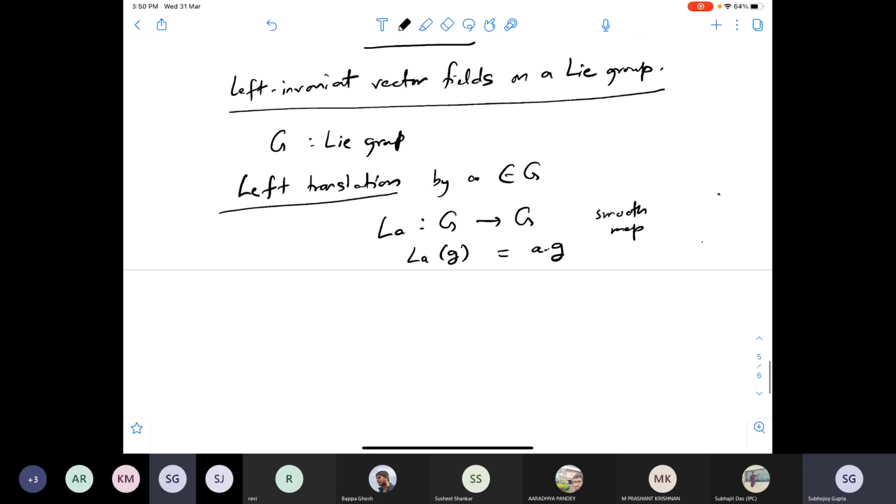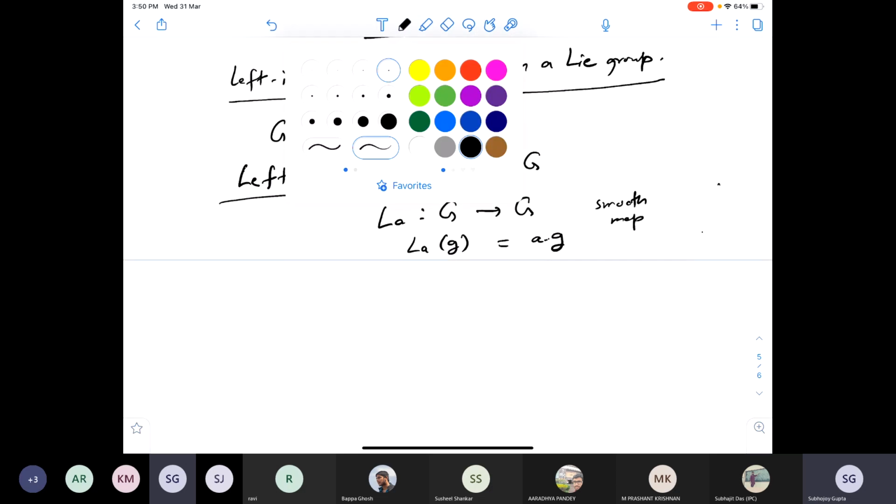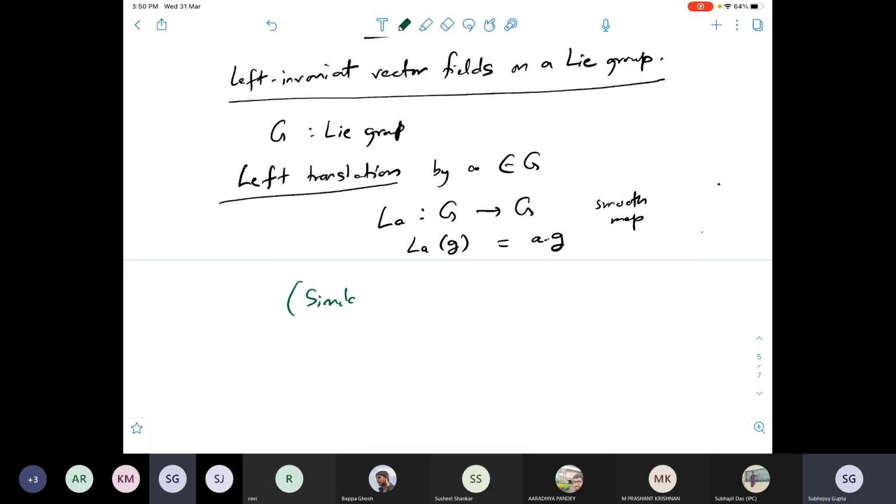So you also similarly have right multiplications, a right translation. Maybe I should call it a multiplication. Anyway, it doesn't matter. One often calls the multiplication a translation in a Lie group because, for the simplest Lie group, which is the real numbers, addition is like translation. Addition of points in Rn is like adding vectors.